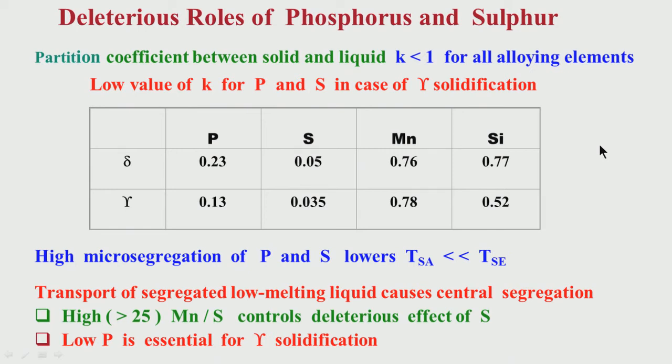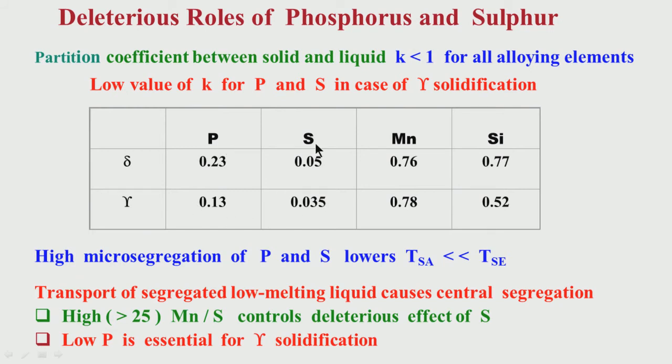Any steel having very low carbon solidifies through delta, and between delta and gamma, gamma has the smaller K value, the partition coefficient for phosphorus and sulfur. So for delta it is relatively high, which means segregation is very high in gamma solidification.